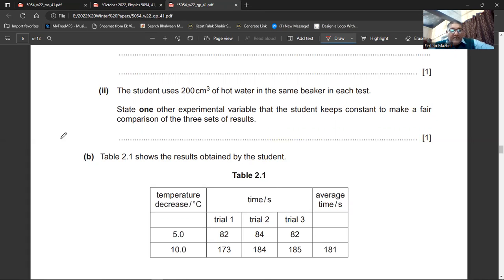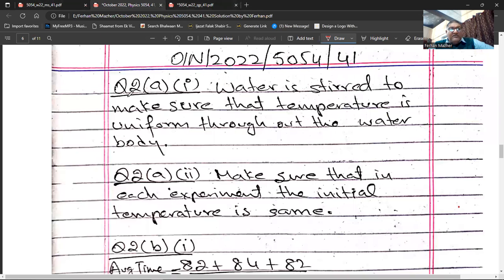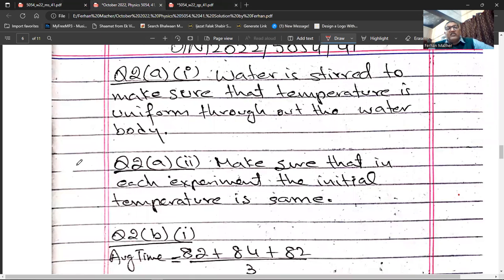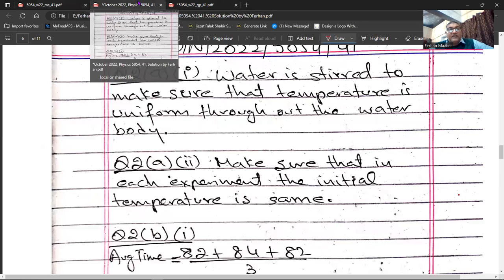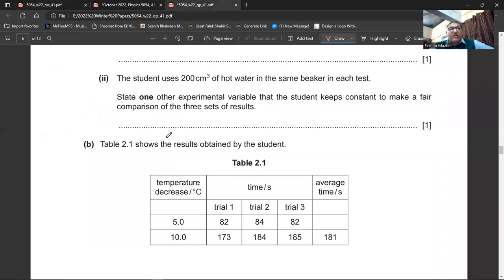So the initial temperature is the same in each experiment, and the room temperature should also be the same. So our answer is right.